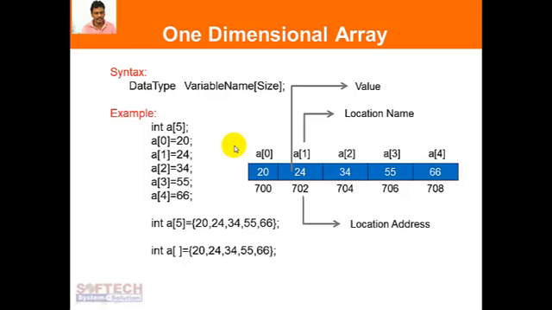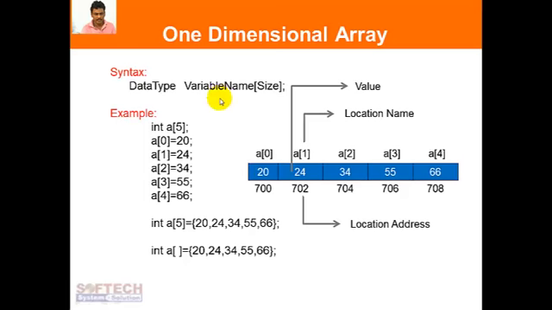It may be anything. If we declare ordinary variables int a comma b, so a occupies one location, b occupies one location, that is 2 bytes. Each location has 2 bytes.